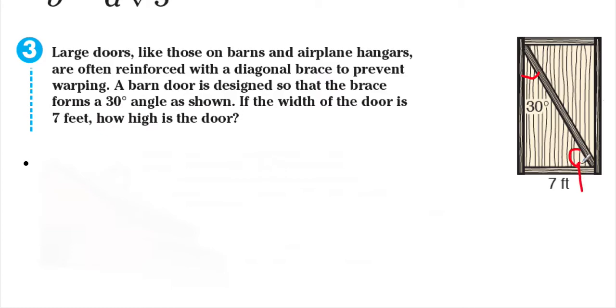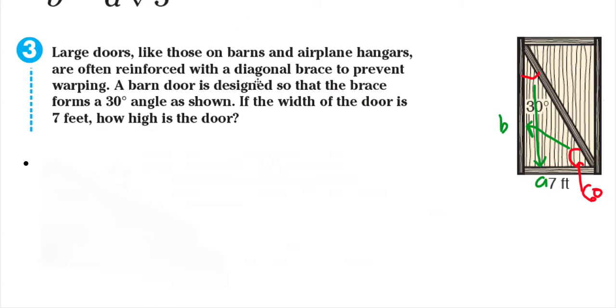The opposite of our 60-degree angle is B, so this side is B, and the opposite of our 30-degree angle is A, so this side is A.